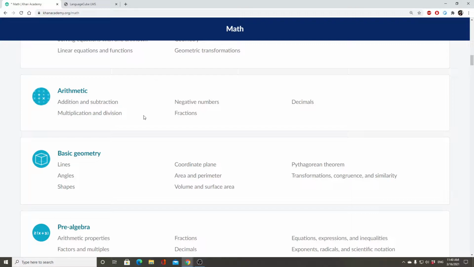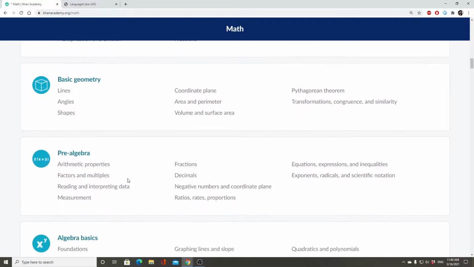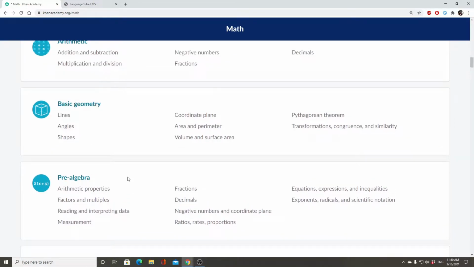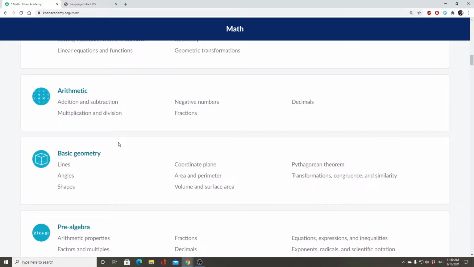But then there are broader categories like arithmetic, basic geometry, and pre-algebra, which I think are basically collections of all the content they have on these topics.